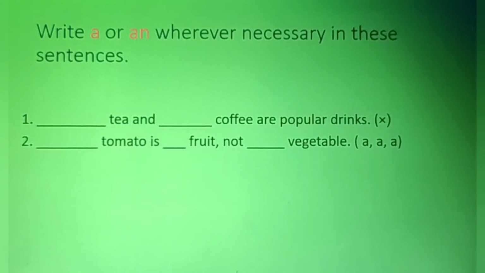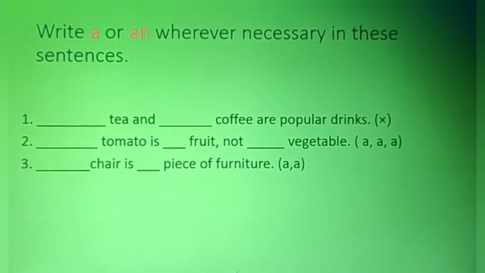Dash tomato is a dash fruit, not dash vegetable. That's right. A tomato is a fruit, not a vegetable. Now tomato, fruit and vegetable, they are all countable nouns. So we can put a. Dash chair is dash piece of furniture. So we can write a chair is a piece of furniture.